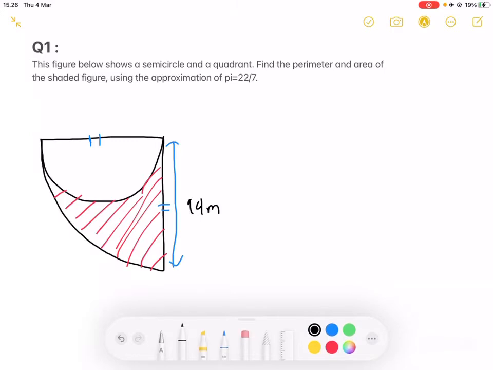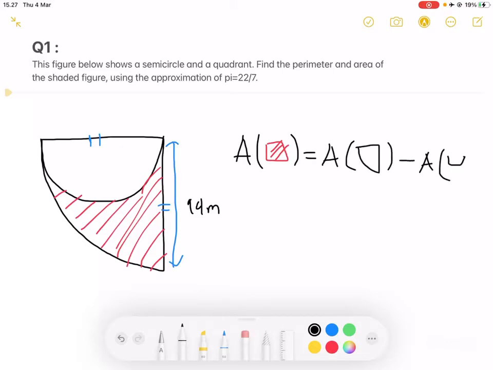So the area of the shaded figure, I'm just going to call this box in red, as if this resembles the shaded figure, is actually the area of the quadrant minus the area of the semicircle. And remember, the formula for this is pi times r squared, where r is the radius of each part.